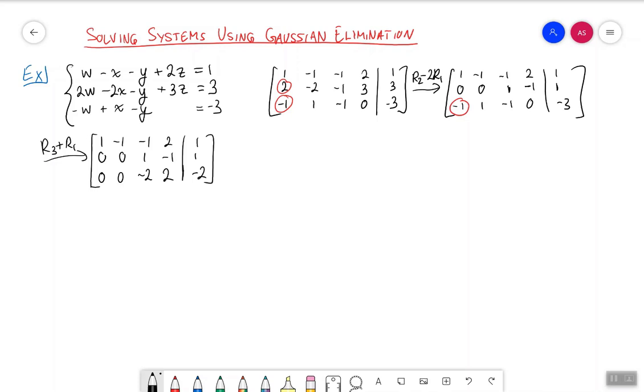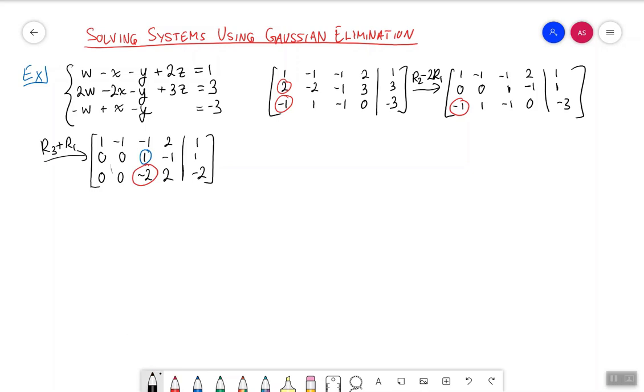Okay, so good. We have zeros over here. We also have zeros over here. And our next leading entry is this one, and so we need to get rid of the entry below it, this one right here.